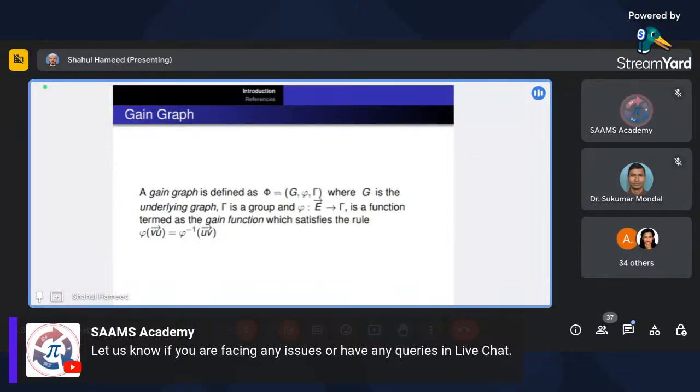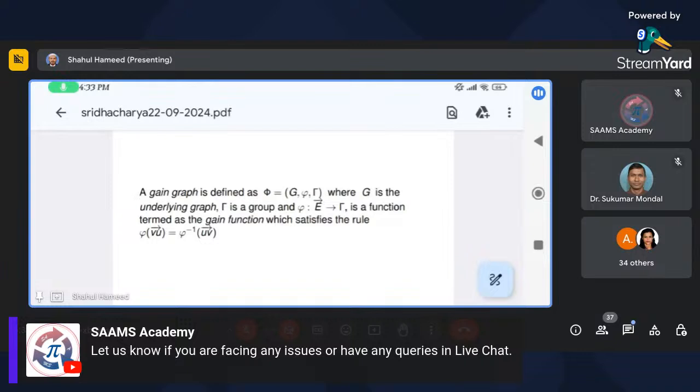Oriented edge means for an edge, say UV, we consider some kind of direction, but it's not a directed graph. If we have an edge UV, we'll have to consider VU also. But whenever we assign something on the edge UV, the other one is implicitly obtained using the relation phi of VU, the oriented edge VU, will be having the inverse. So that's a peculiarity of this gain graph.